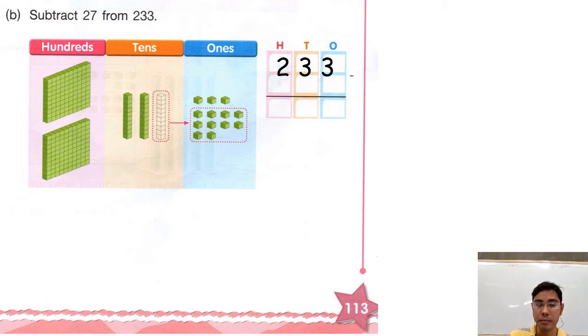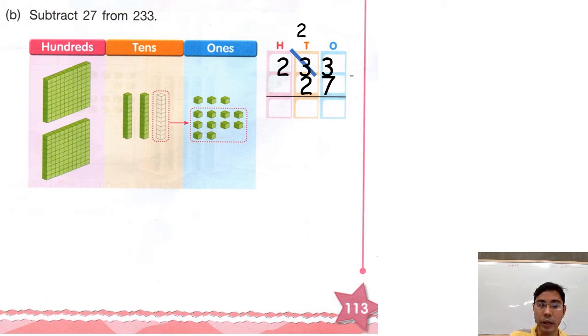233 minus 27. Now, 3 is smaller than 7. So we need to borrow from our neighbor, tens place. Number 3. So 3 will become 2.